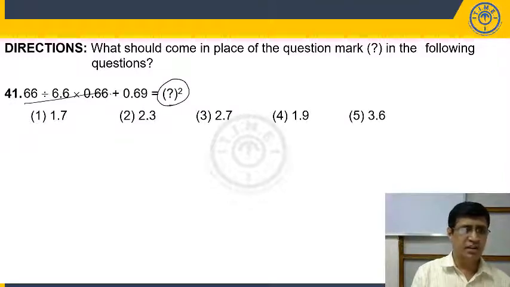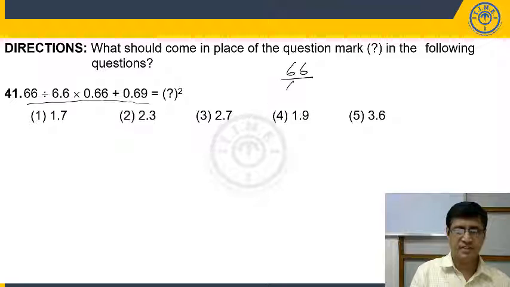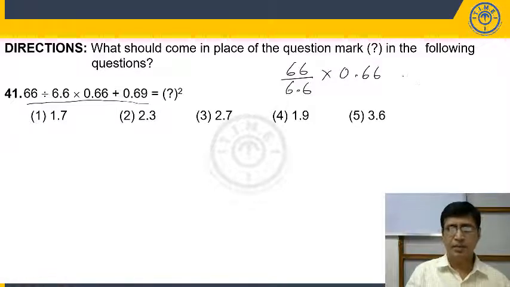So first of all, what is the left hand side? On the left hand side, it is 66 by 6.6 into 0.66 plus 0.69, which is equal to question mark square.